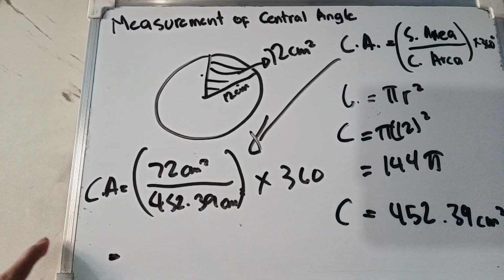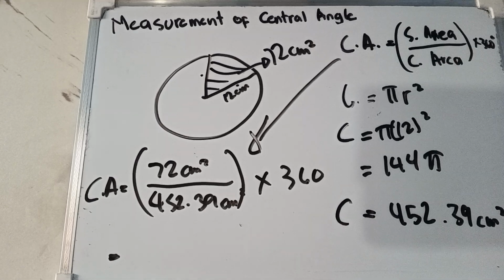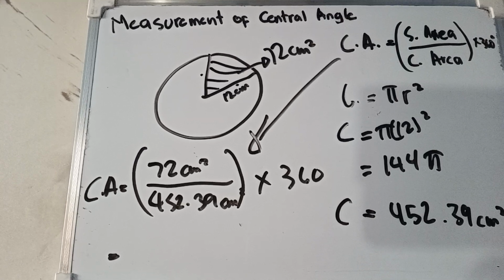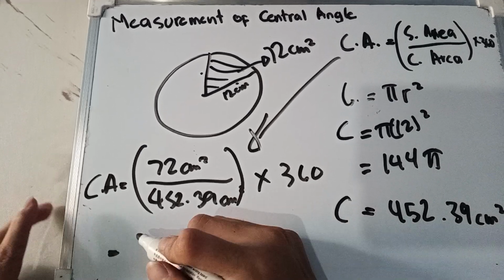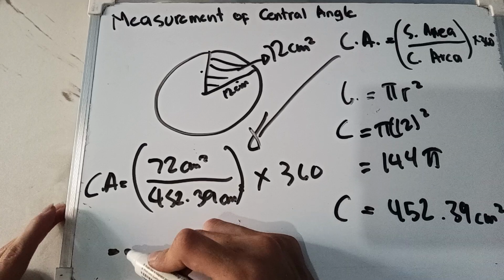Now 72 divided by 452.39 is equal to 0.159, or 0.16.